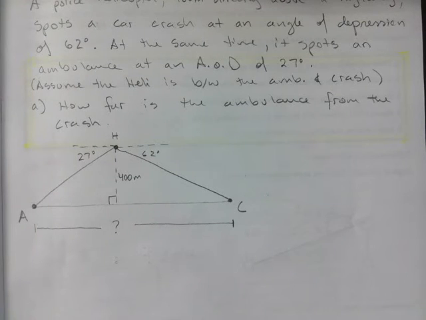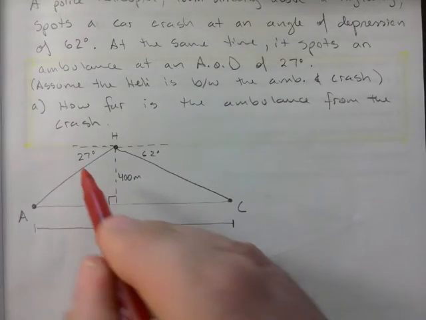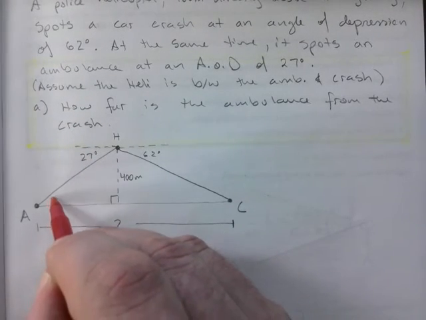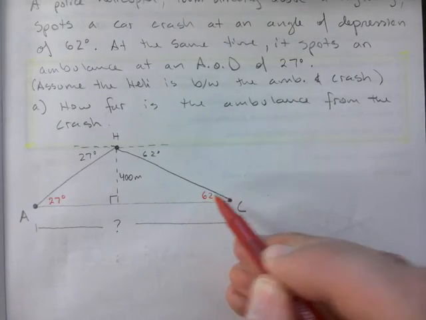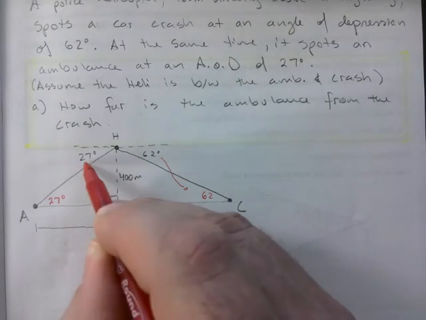But you notice that perhaps it cannot be done in one shot. Sure, I would agree with you. If I find my red pen right there, let's do this. We can bring this in and make this 27. We can bring this in and make this 62.